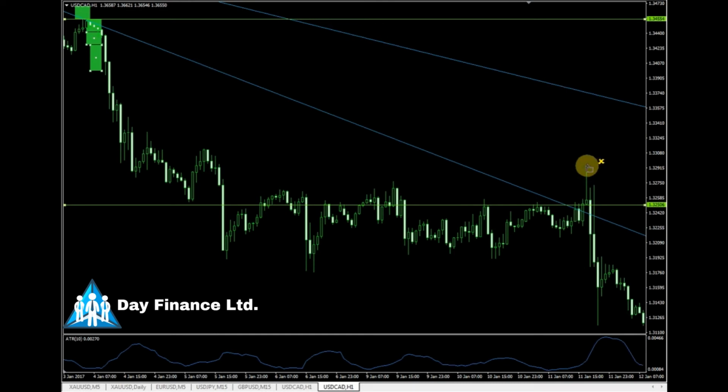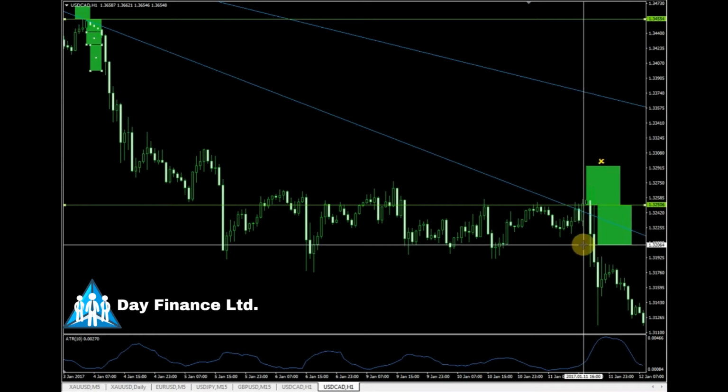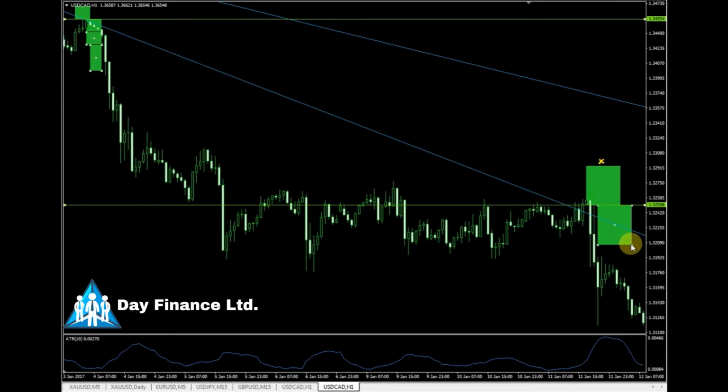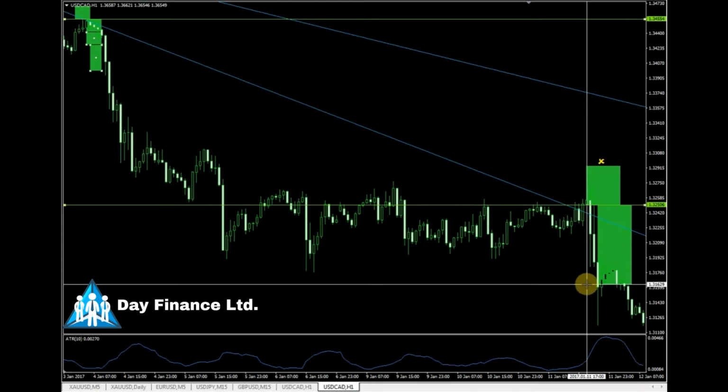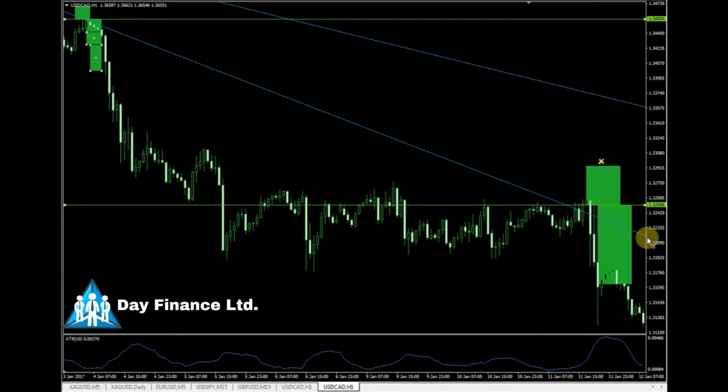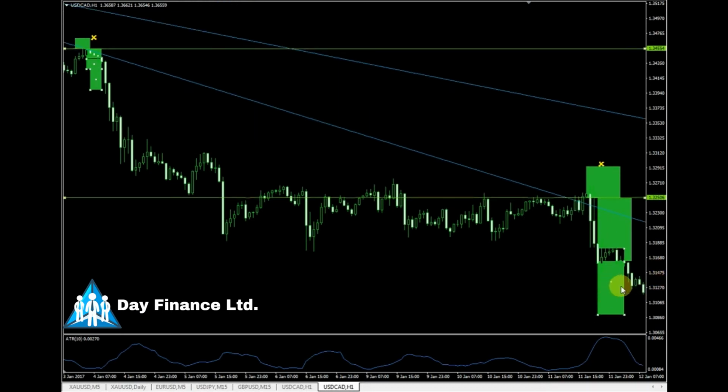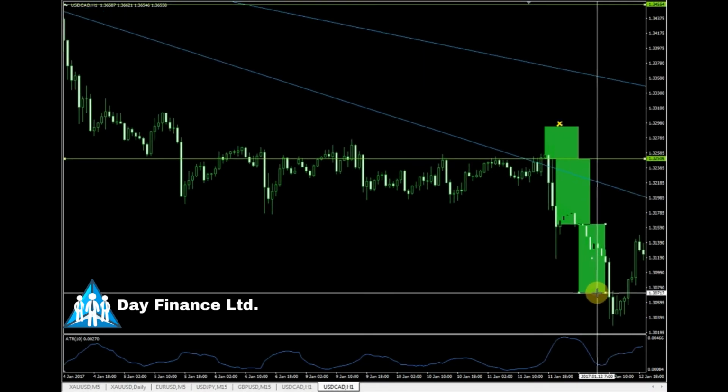And in that case, you will want at least 1-to-1. So your first target will be here. Your second target will be twice. And your third target, if you have more lots in the order, will be like this one to here.